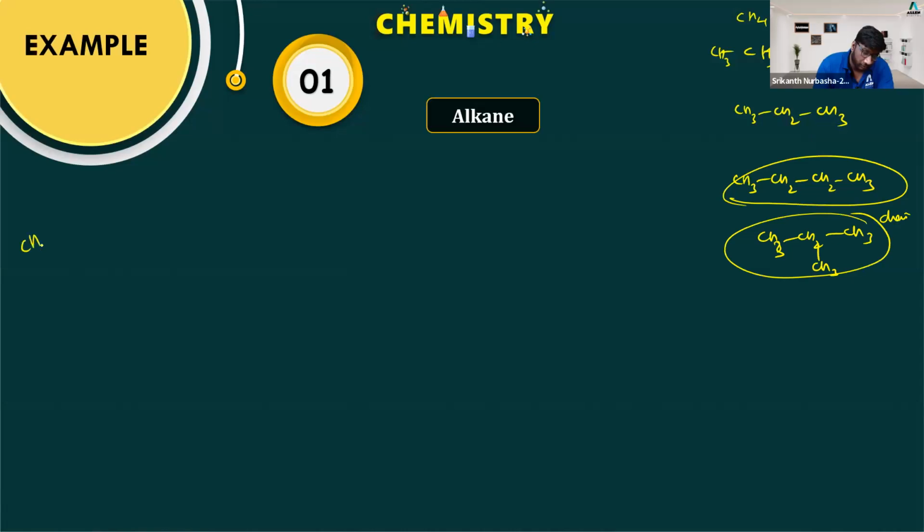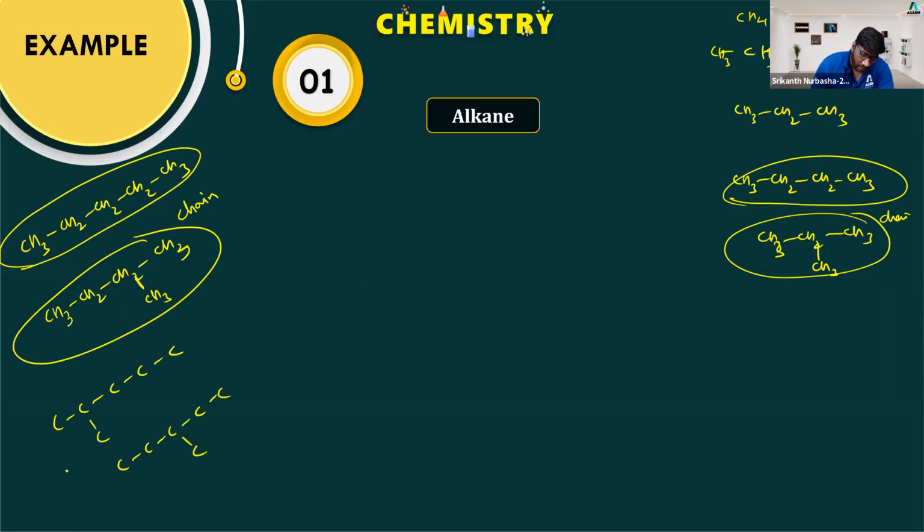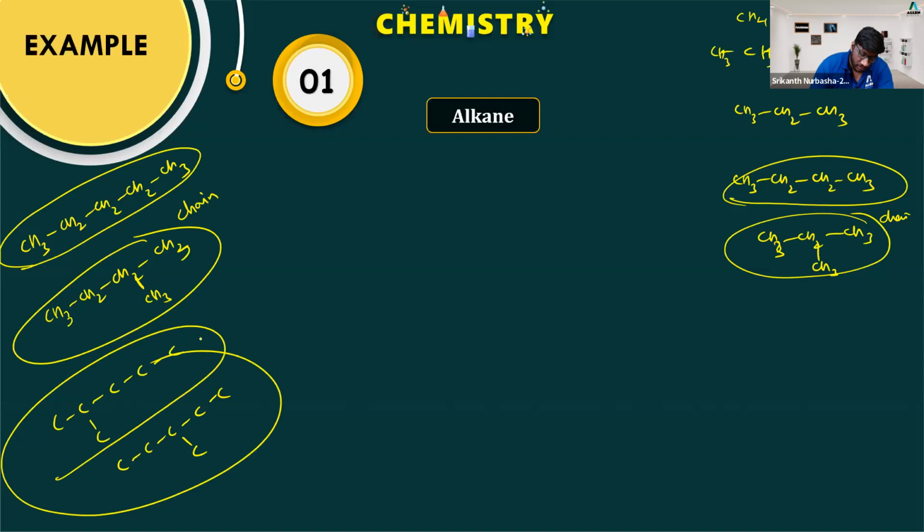If I have five carbons, CH3 CH2 CH2 CH2 CH3, I can just change the chain length, CH3 CH2 CH2 CH3, and convert this hydrogen to CH3. These are again chain isomers only. So maintaining the same carbon chain 1, 2, 3, 4, 5, if you try to change the position, these are said to be positional isomers.